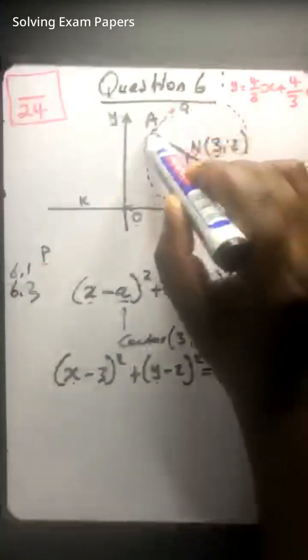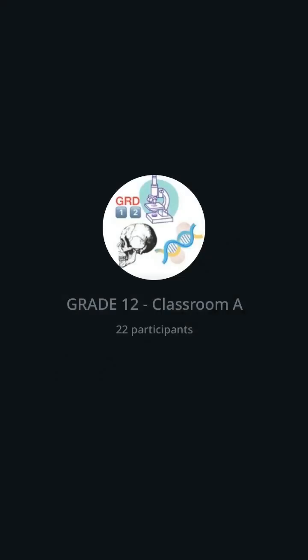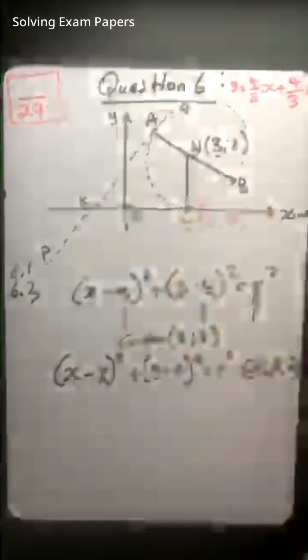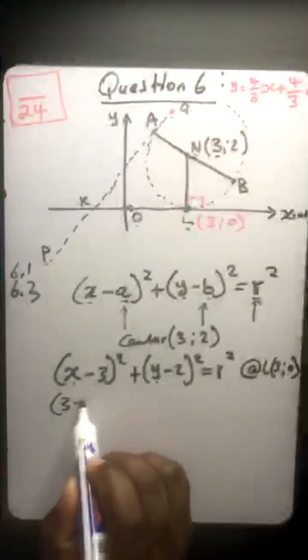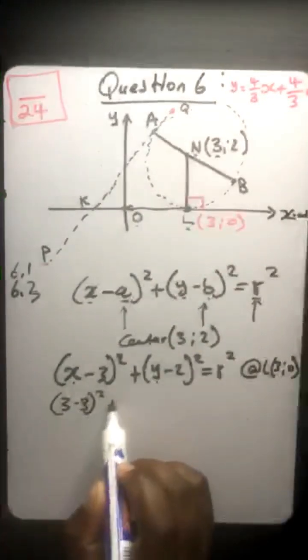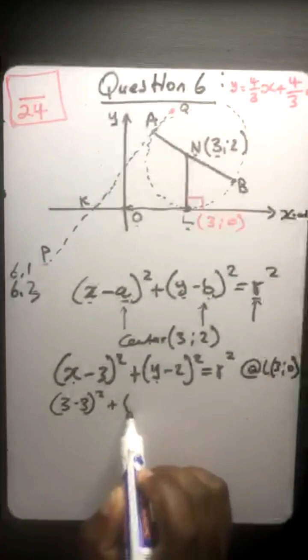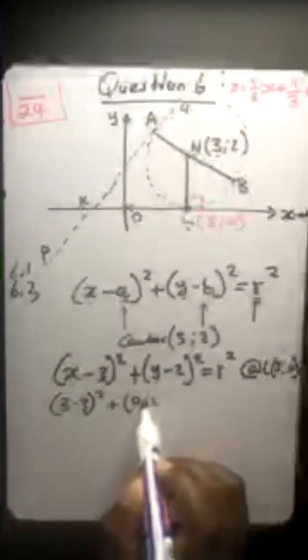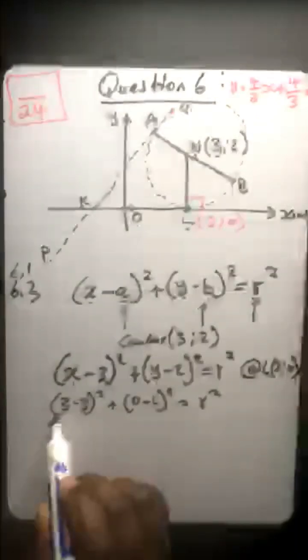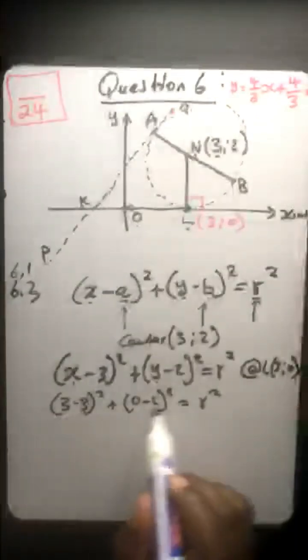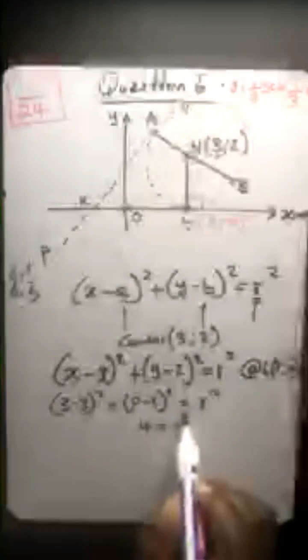Let me do that imaginary straight line there. Can you see? Then we say x is 3 minus 3 squared plus, what are we having there? 0 minus 2, squared, equals r squared. So this is 0, and that is 4. So r squared is equal to 4.